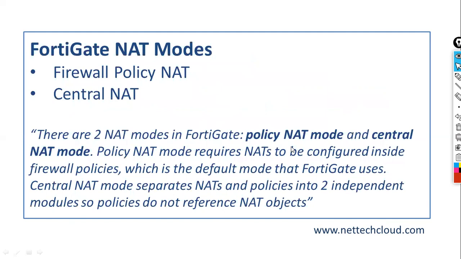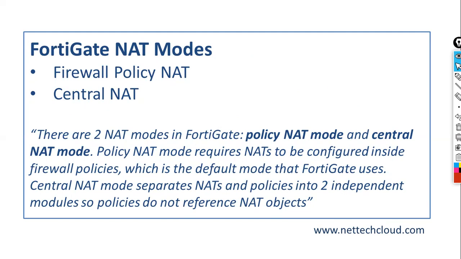And there are two different ways to configure NAT in FortiGate. One is firewall policy NAT, which means we enable NAT in the security rules, the security policy itself. Another way of NAT configuration in FortiGate is central NAT, where a separate policy for the NAT is created.